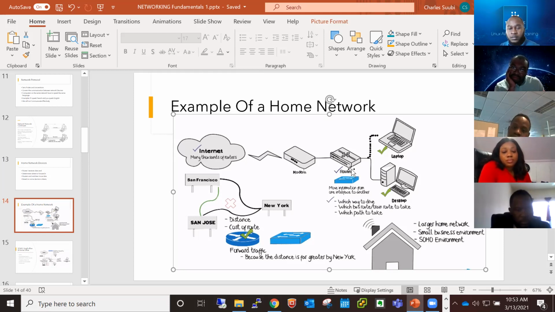The path which your data takes is going to be the shortest distance or the least expensive path from your laptop to the internet. Because when data is moving from your home environment to the internet, packets are being lost. The longer the distance, which word can I use that you guys can understand?